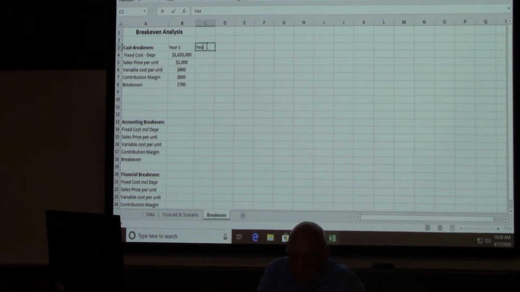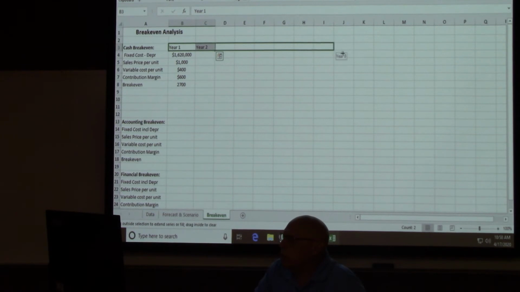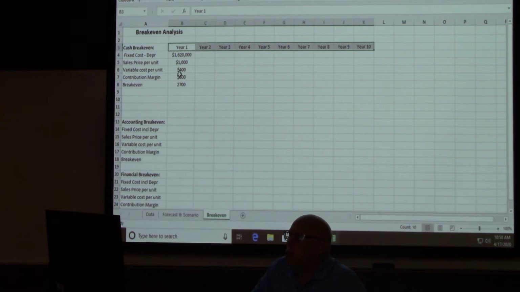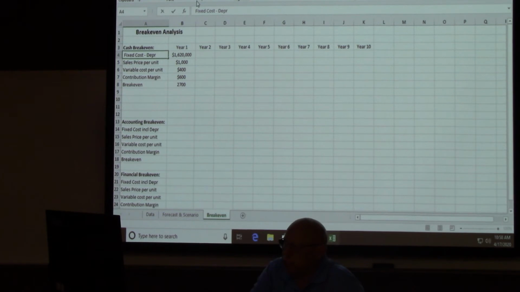And year 2 will be the same. Years 1 and 2 are going to be the same, but let's take it out to year 10. And what's going to change? The fixed cost doesn't change, but the price changes.